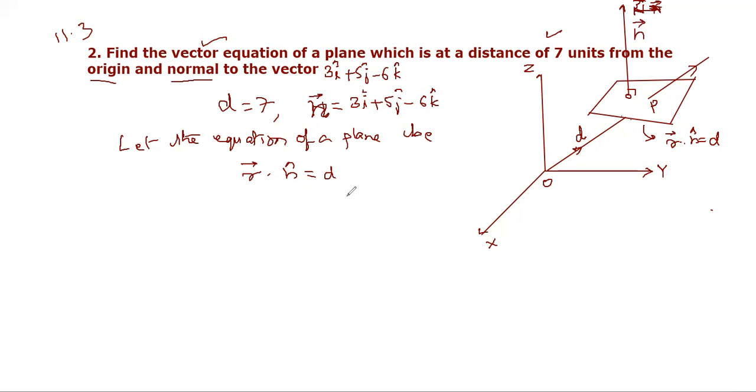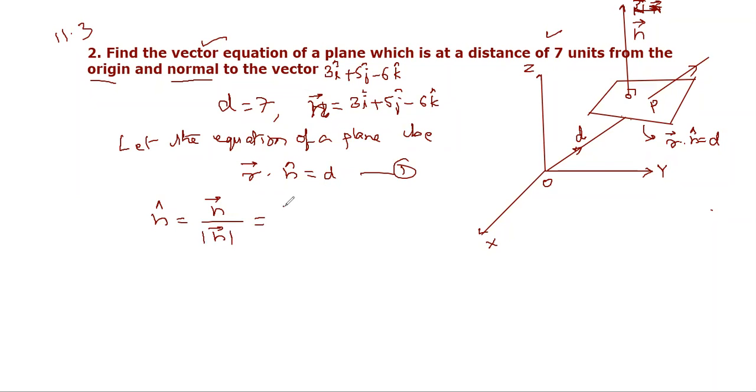Now we have to convert n into a unit vector, and you know how to find n cap. N cap, any unit vector, is equal to the vector divided by its magnitude.